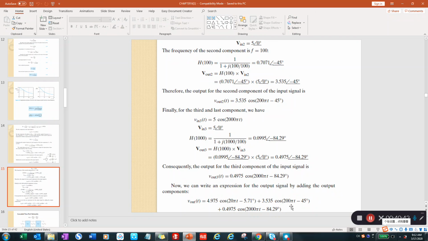We reduced this component a little bit. And the last component has a frequency of 1000. The amplitude of the transfer function is about 0.0995. So we can see we kind of get rid of this component.